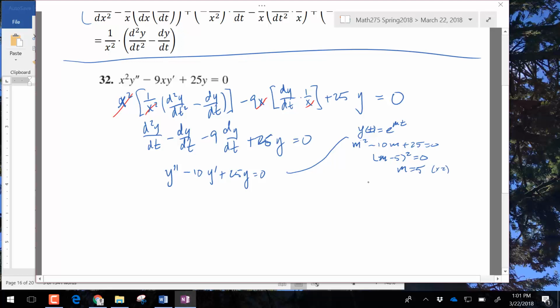And so your solutions, and I'm going to keep stressing that this is a function of t, is going to be, what is it, e to the 5t, and then your second solution is what? t times e to the 5t. Okay. All right. So remember.